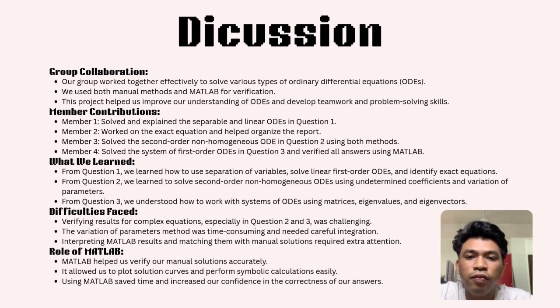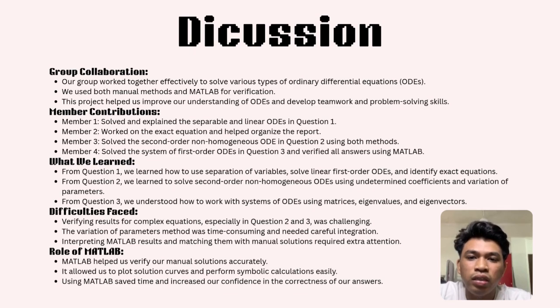And what we learned from this project is, from question 1, we learned how to use separation of variables, solve linear first order ODEs, and identify exact equations. From question 2, we learned to solve second order non-homogeneous ODEs using undetermined coefficients and variation of parameters. From question 3, we understood how to work with systems of ODEs using matrices, eigenvalues and eigenvectors.